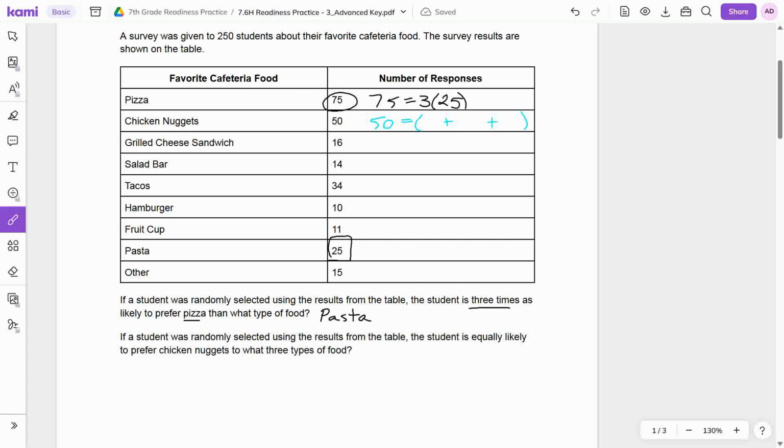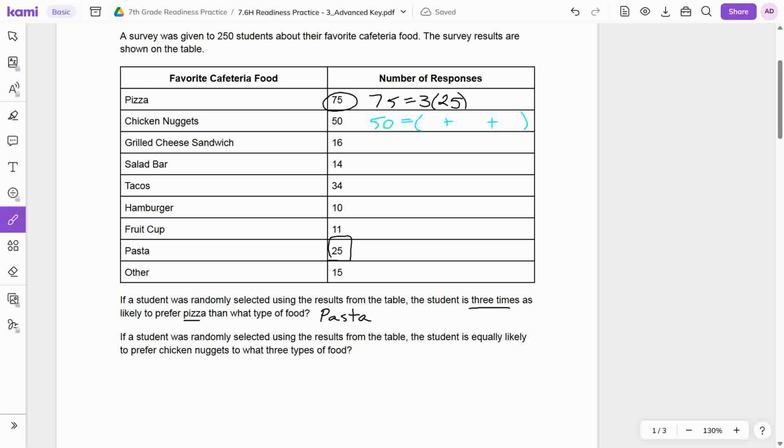Well, let's see. If I did 16 and 14, that's 30. But you notice that there's no 20 up there. There's nothing else big enough except for tacos. So those are my next two biggest foods other than the tacos, which makes me think I'm going to definitely need tacos in here because I don't have anything else that's big enough.